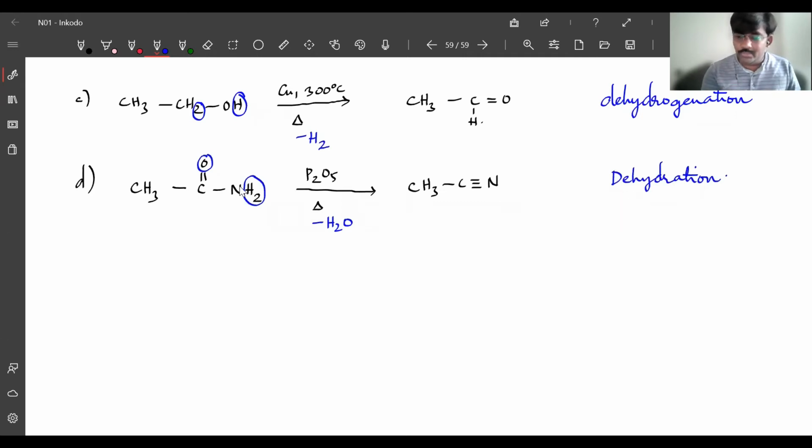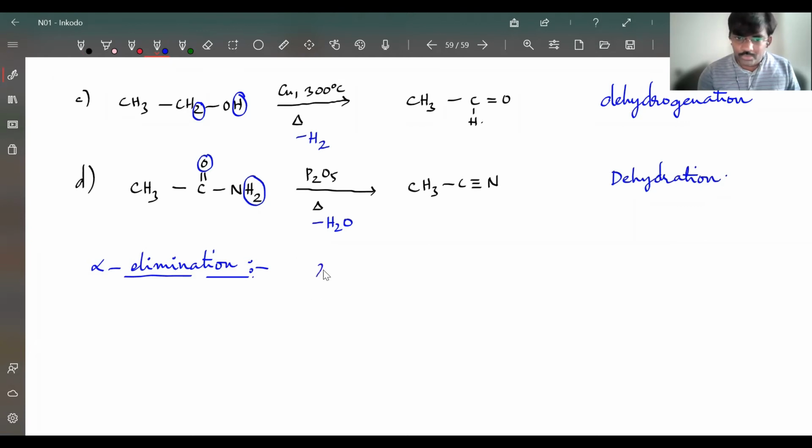In that case, we call them alpha elimination reactions. So let us write that. Alpha elimination. Beta elimination means if you are removing atoms from adjacent atoms. Alpha elimination means we are removing two atoms or groups from the same carbon.